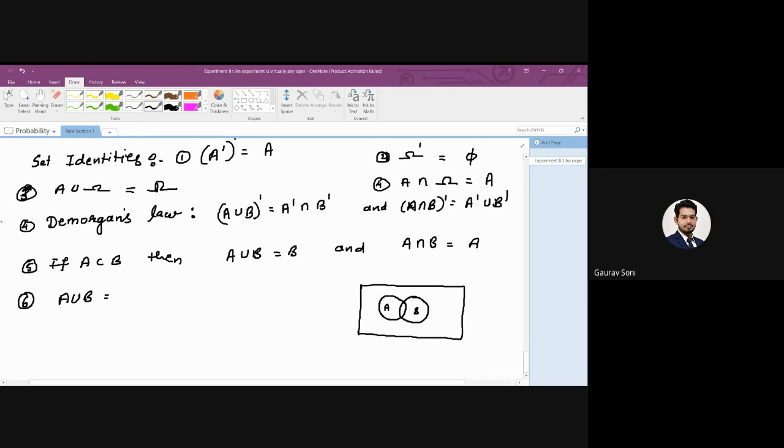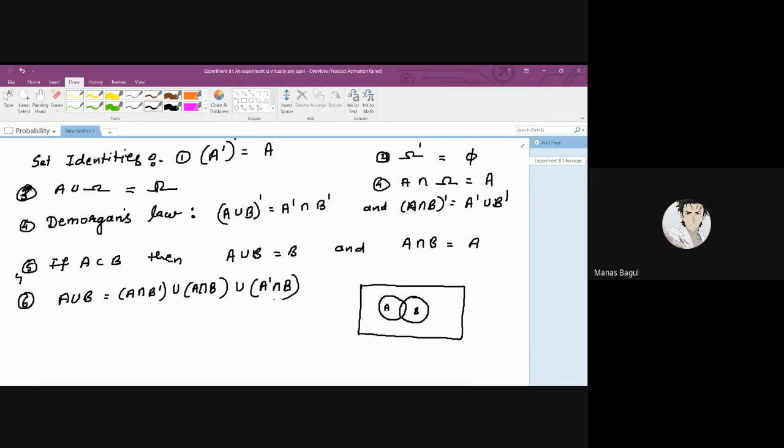Okay. Anyways, I'll write it down. So A intersection B complement, union A intersection B, union A complement intersection B. Right?